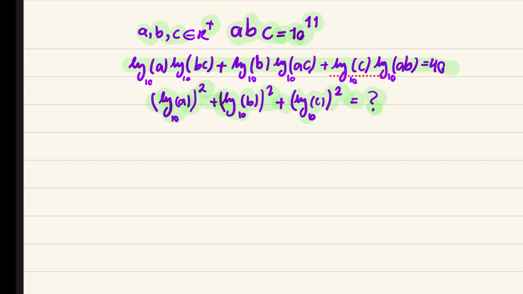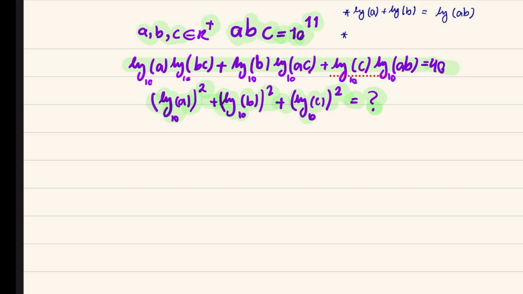In order to solve this problem, I want to use two hints. We know that log a plus log b is equal to log of a times b. This is one thing that we will use.